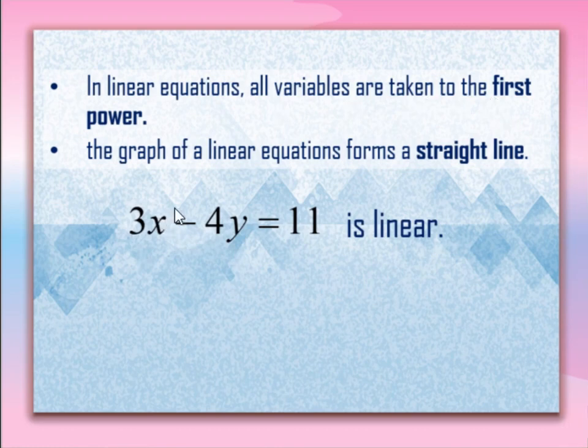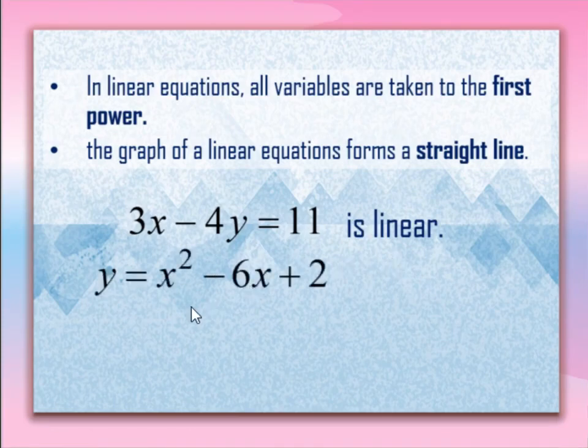X has an exponent of 1 and y also has an exponent of 1. Therefore, this equation is a linear equation. Next, we have y is equal to x squared minus 6x plus 2. It is not a linear equation. Why? That is because the exponent of x here is 2, and we said that all variables should be in the first power.